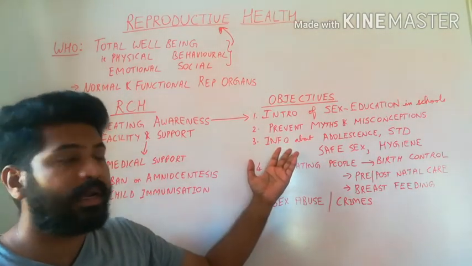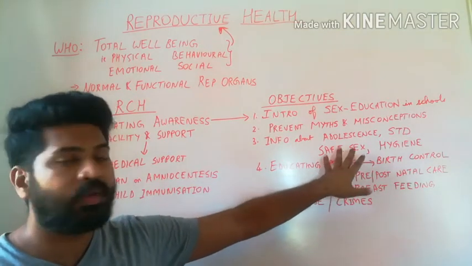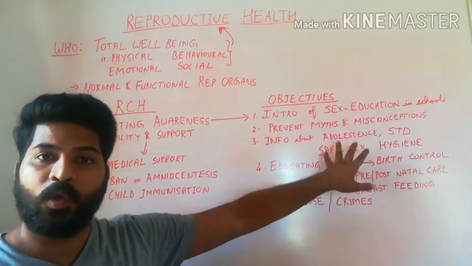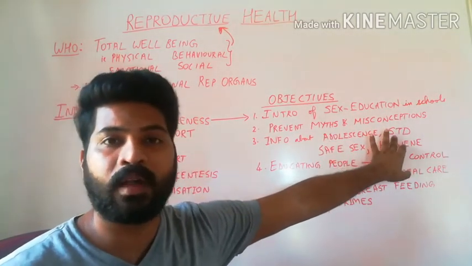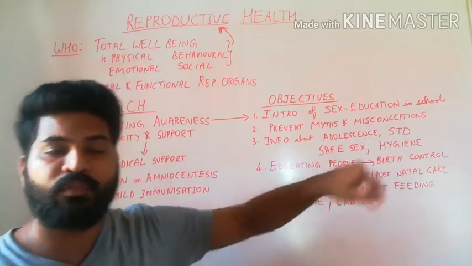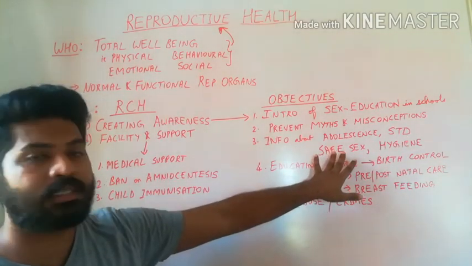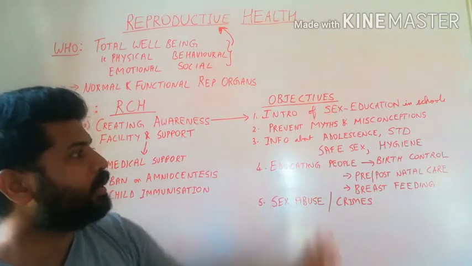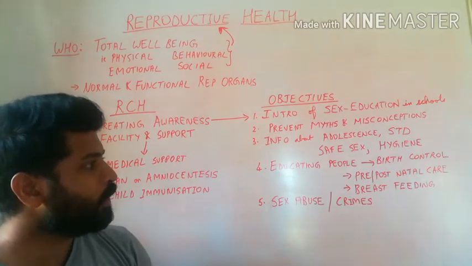Also, information related to hygienic and safe sexual practices is very important to prevent the spread of sexually transmitted diseases. So information relating to safe sexual practices is also included in these topics of sex education.